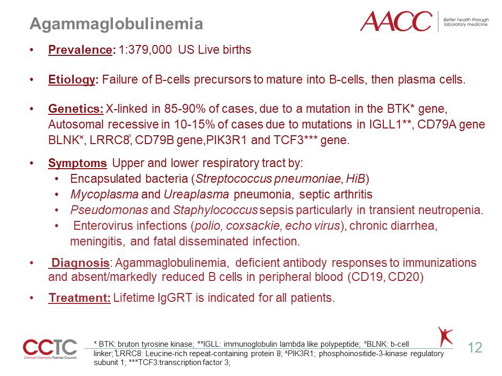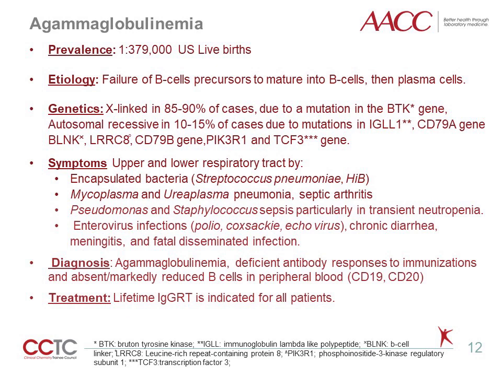Agammaglobulinemia occurs from failure of B-cell lymphocyte precursors to mature into B cells and the plasma cells needed to produce immunoglobulins. Its prevalence is 1 in 379,000 U.S. live births. It's either X-linked, called XLA or Bruton agammaglobulinemia, due to a mutation in the BTK gene, which is responsible for about 85 to 90% of cases.